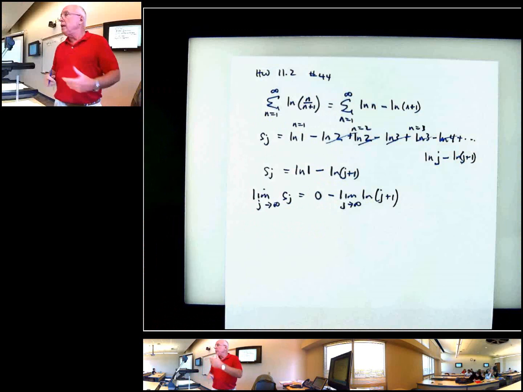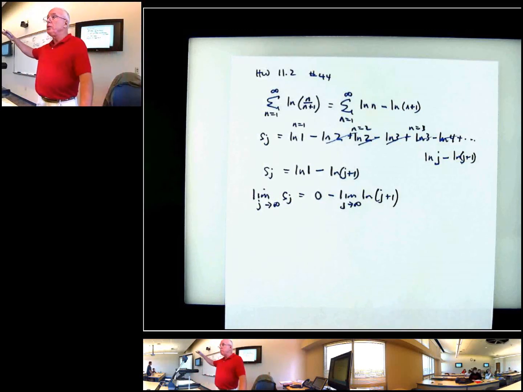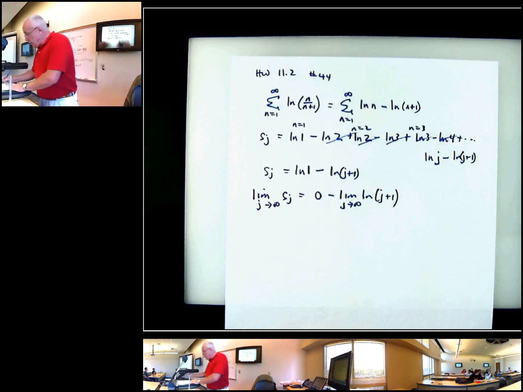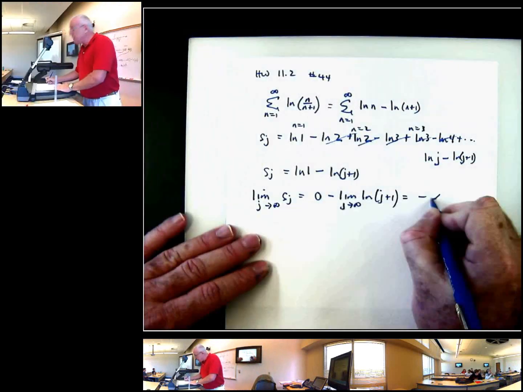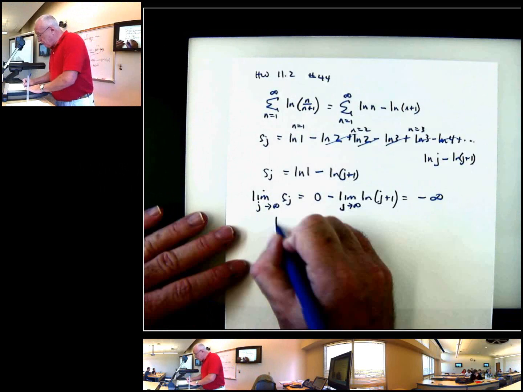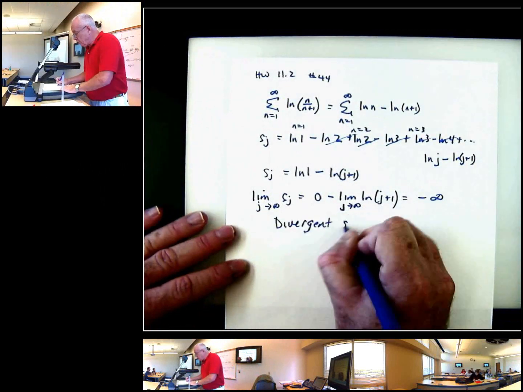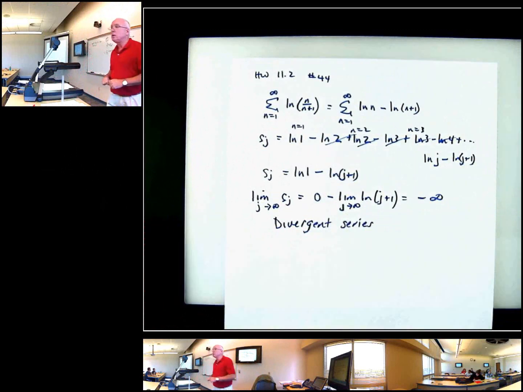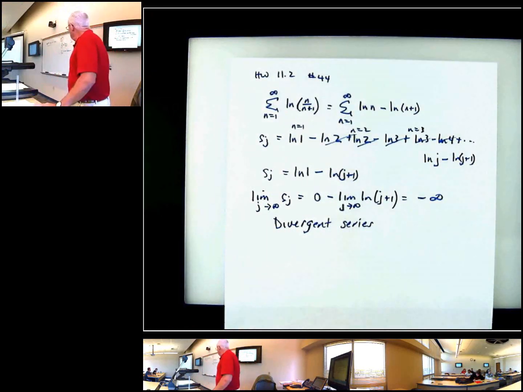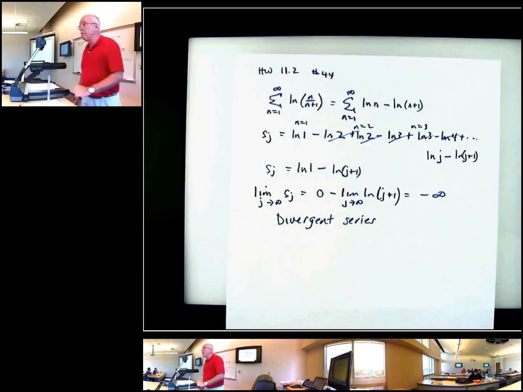We know the ln creeps up slowly, but it keeps getting bigger and bigger as the argument gets bigger. So the limit is minus infinity. Therefore this is a divergent series through that telescoping. So that is problem 44 for this homework that's due on Friday.